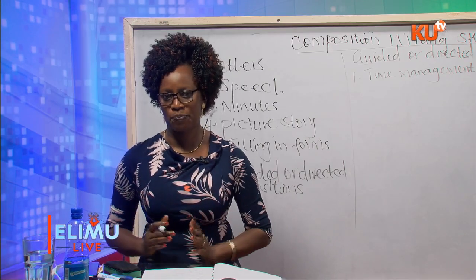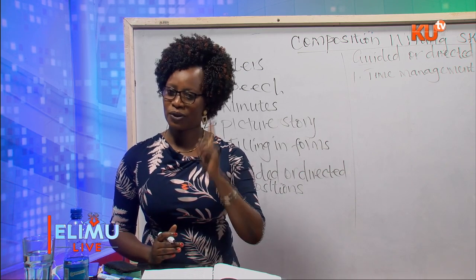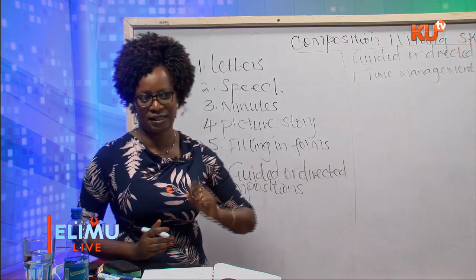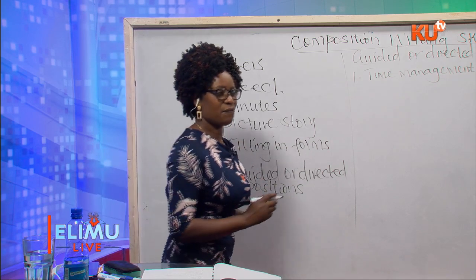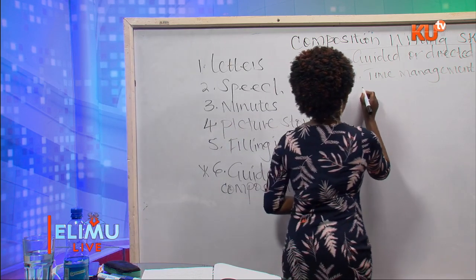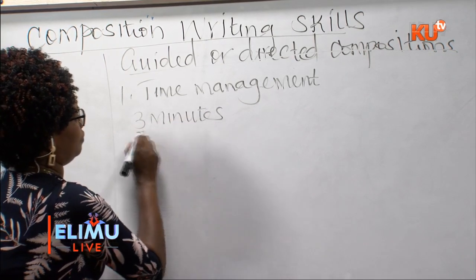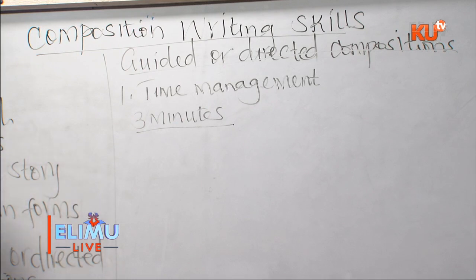When you get your piece of paper, this is what I want you to do. In the first 3 minutes, this is what you are supposed to do. 1, read the instructions.